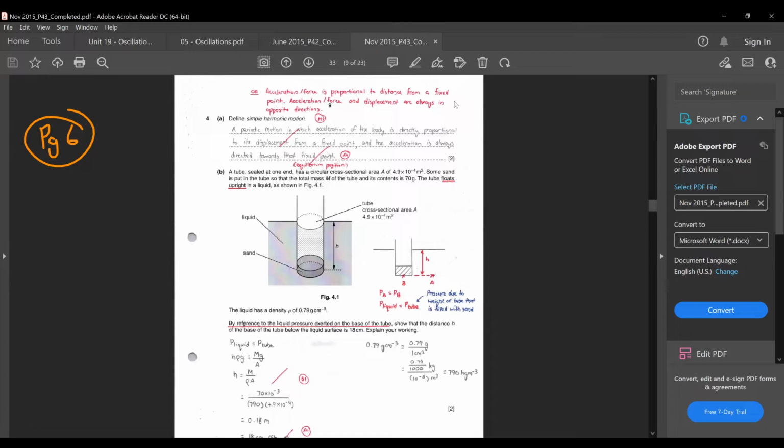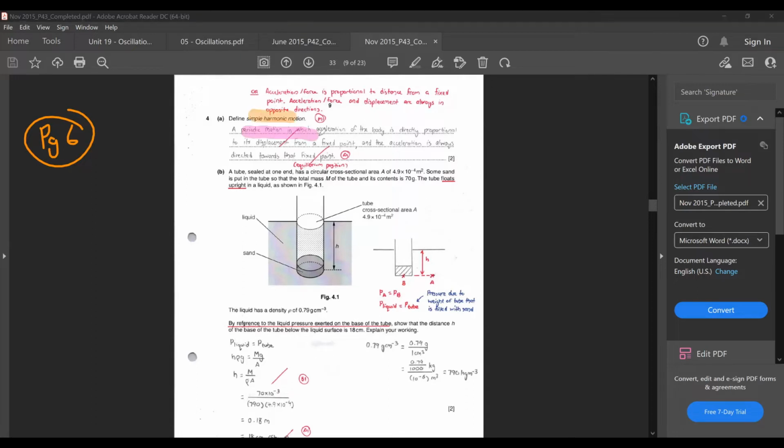Just copy the definition from the notes. Periodic motion in which acceleration of the body is directly proportional to displacement from a fixed point, and the acceleration is always directed towards that fixed point, worth 2 marks. And if you've forgotten how to word it properly, you can always just say acceleration is proportional to displacement from fixed point, and acceleration and displacement are always in opposite directions. Either one will do.